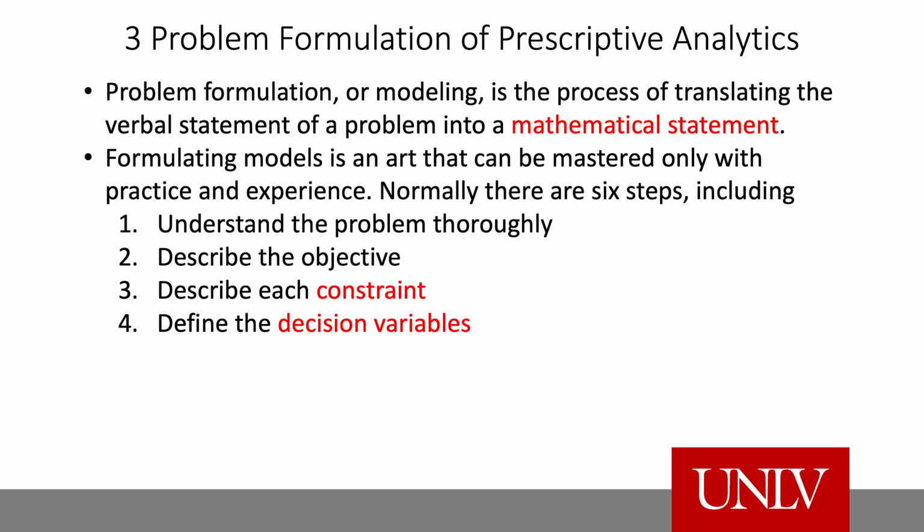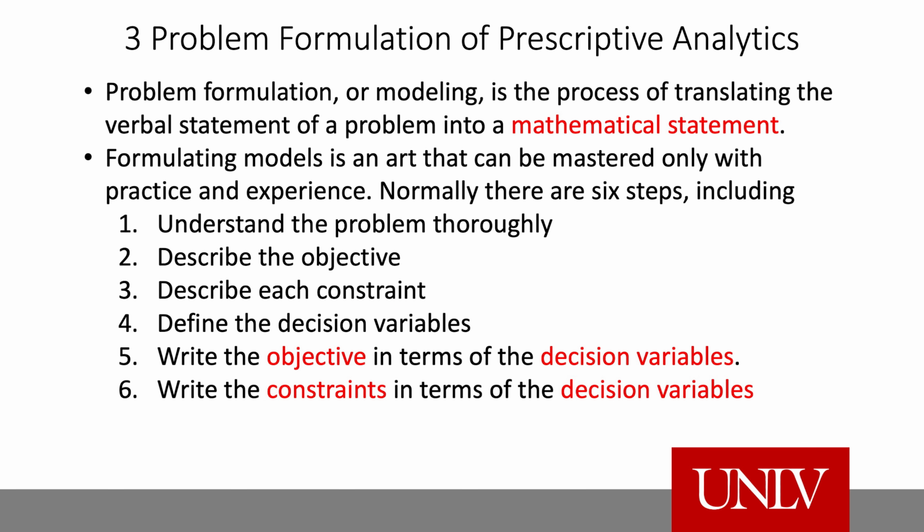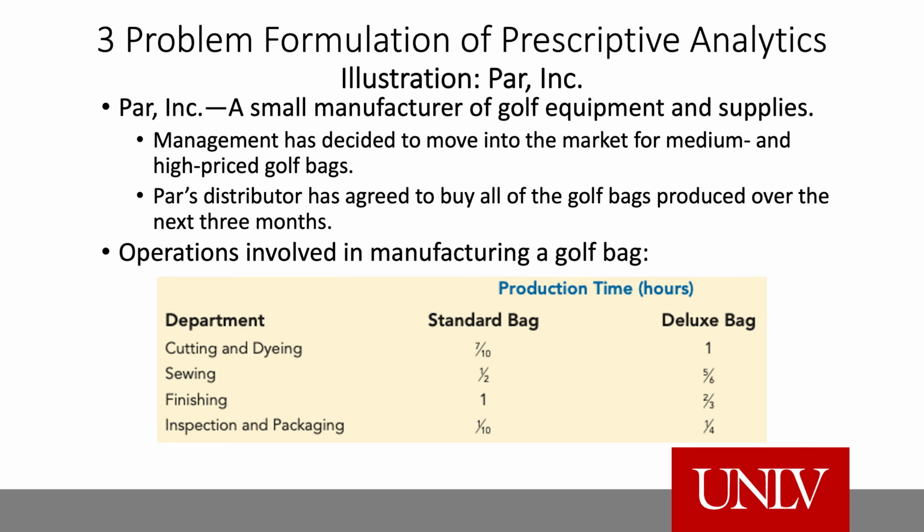And they have to be variables we can control, and they can affect the final result, which is our objective. So once the variables are set, we can write the objective function using the decision variables, as well as the constraints in terms of the decision variables.